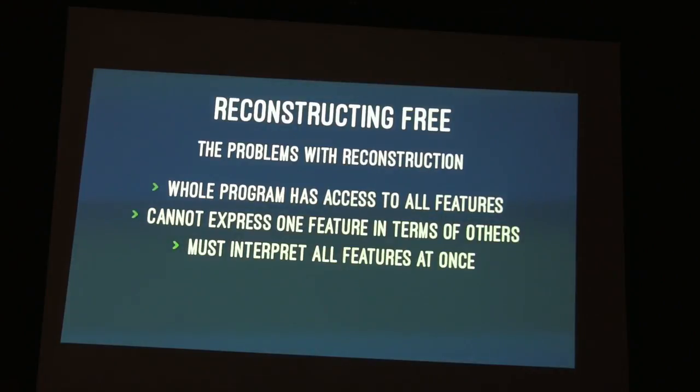However, there's a big problem, and we did not satisfy one of the earlier design goals that I mentioned. First off, our entire program has access to all features. That's not good, because remember, constraints liberate, and liberties constrain, which means that now even the tiniest program fragment that just requires parallelism has access to the world of effects.